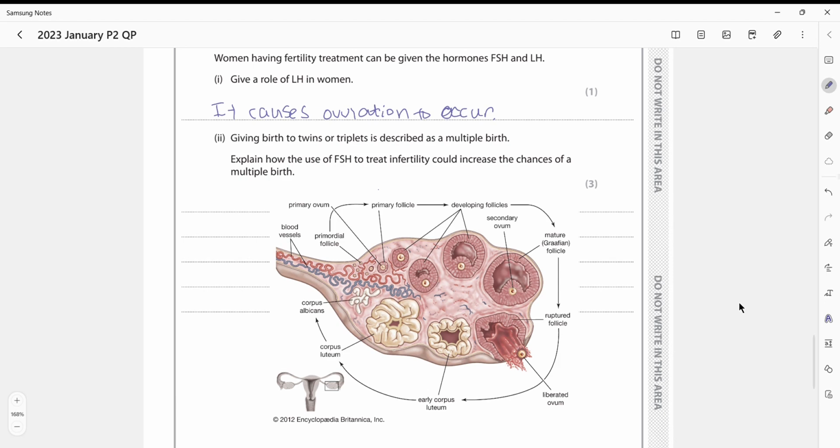You can see they start off as primary follicles and secondary, and then the egg gets released. So if you have more FSH, then more follicles get matured, and therefore more eggs are produced. And if more eggs are being produced, that increases the chances of fertilization with a sperm.